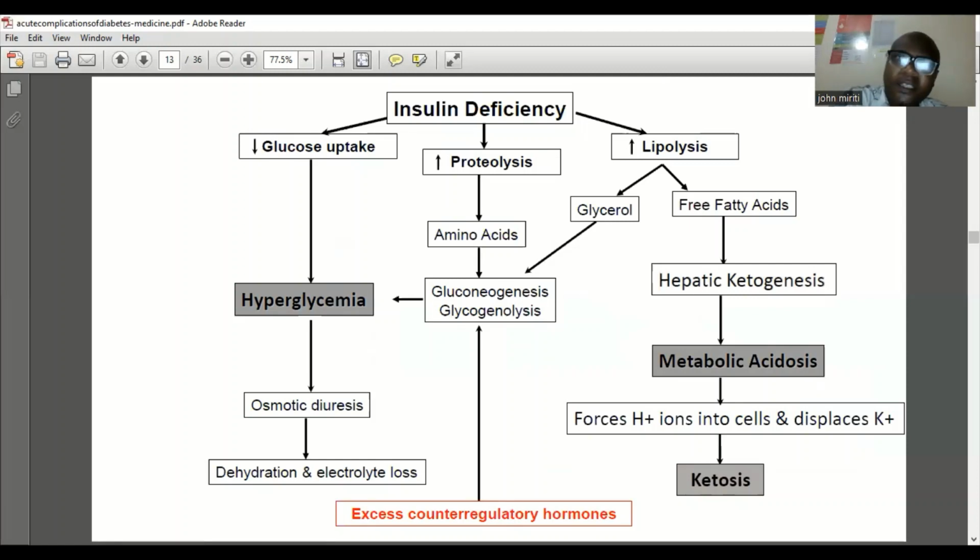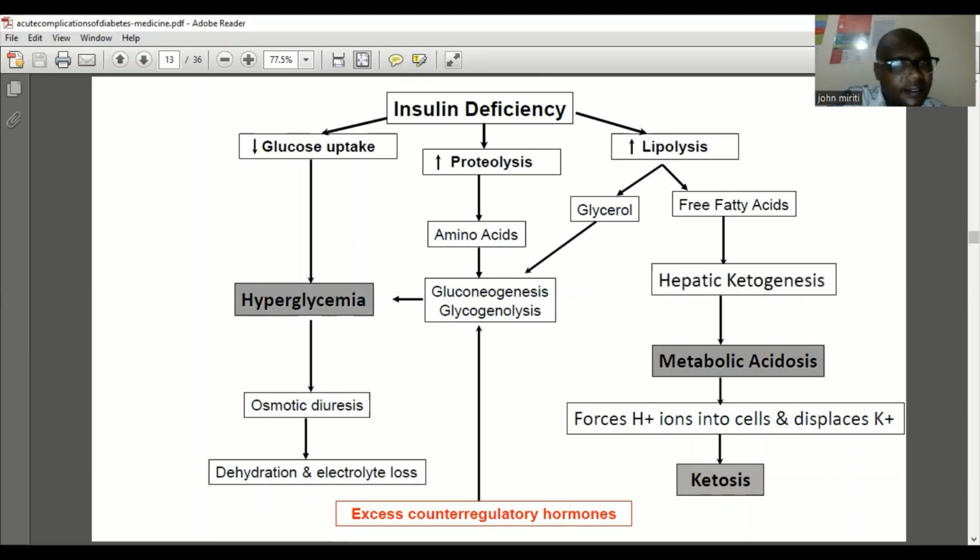For example, if there is reduced or no insulin in a patient, there is reduced glucose uptake, either by the tissues, the liver, the adipose tissues, or even the muscles. Now, this results in increased glucose in the body, which is called hyperglycemia. When you check, the glucose is increased.